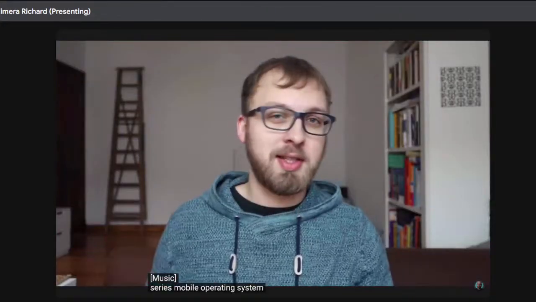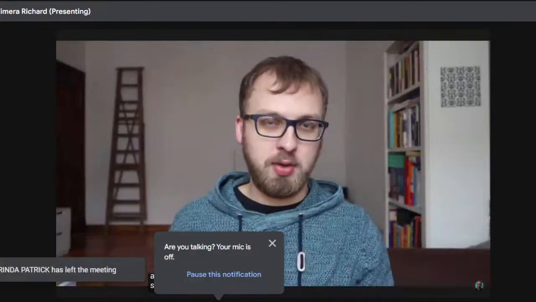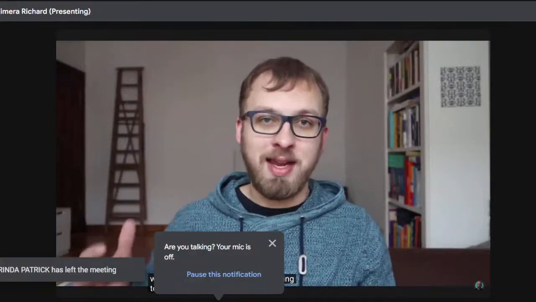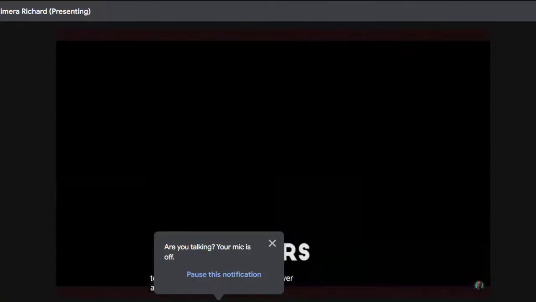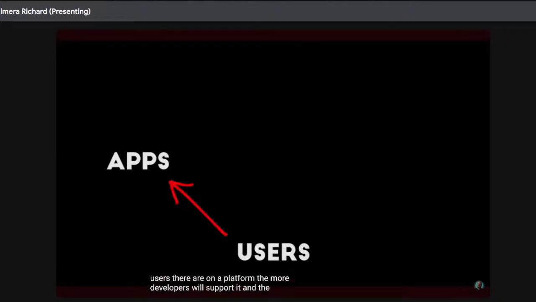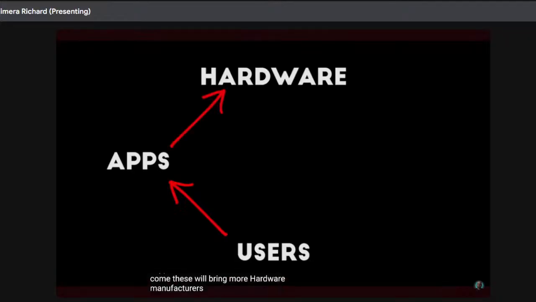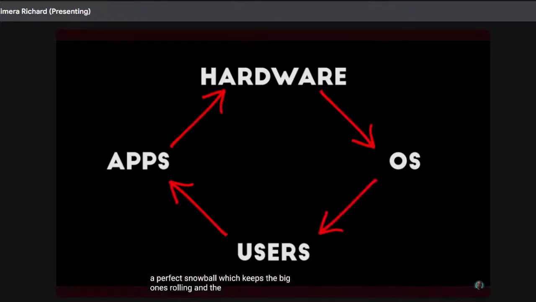Mobile operating systems are actually a perfect example of a so-called winner-takes-it-all market, which means that all forces are working to keep the current companies in power and the new ones away from it. The more users there are on a platform, the more developers will support it, and the more support there is, the more users will come. These will bring more hardware manufacturers to the OS and more money to the OS developer who can invest it into further improving the platform. It's a perfect snowball which keeps the big ones rolling and the small ones dying.